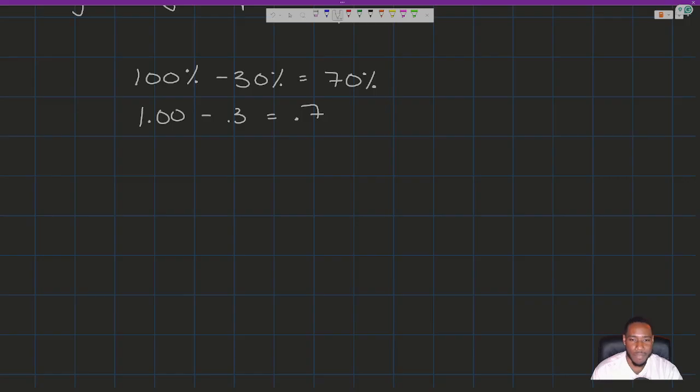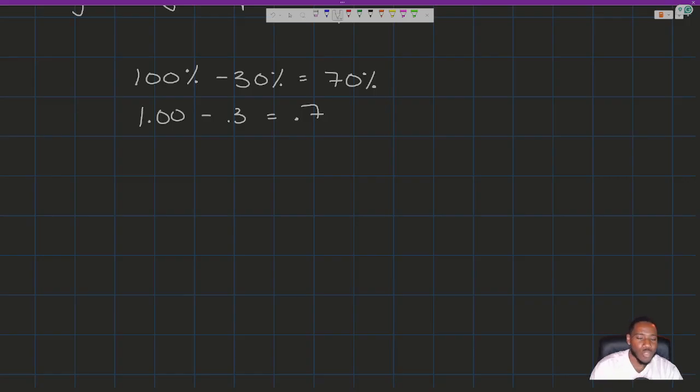So if I have the full price, that's 100%, and I subtract 30%, that's going to equal the remaining 70% I still have to pay. And this works as percentages, but it also works as decimals. 1.0 minus 0.3 equals 0.7.